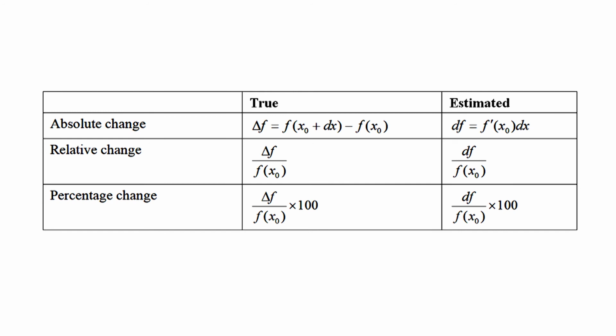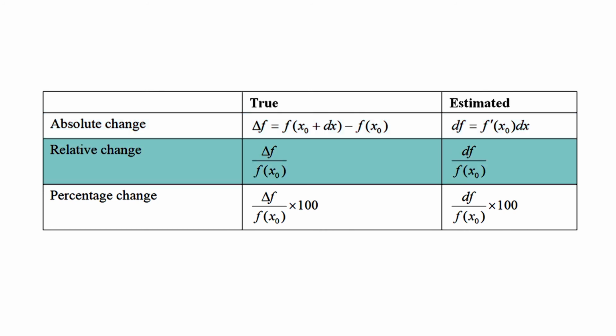Absolute, relative and percentage change. We now discuss absolute change, relative change and percentage change in f as we move from x₀ to a nearby point x₀ + dx. True value of absolute change in f is delta f = f(x₀ + dx) - f(x₀), and estimated value of absolute change in f is df = f'(x₀) times dx.